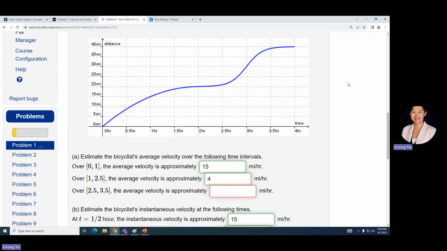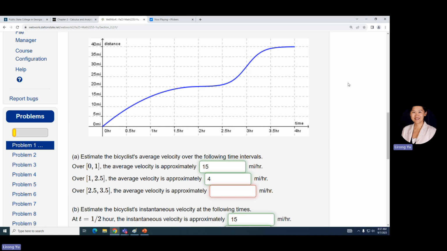Basically, the derivative value, the instantaneous velocity, is the slope of the tangent line. So you're going to try to figure out what that slope is. To me, that looks much faster than here. So here it is slower and slower, and then this is a much faster change, right? We should have a higher slope. Over here is 15. I'm guessing here is higher than 15, maybe 20, 25.